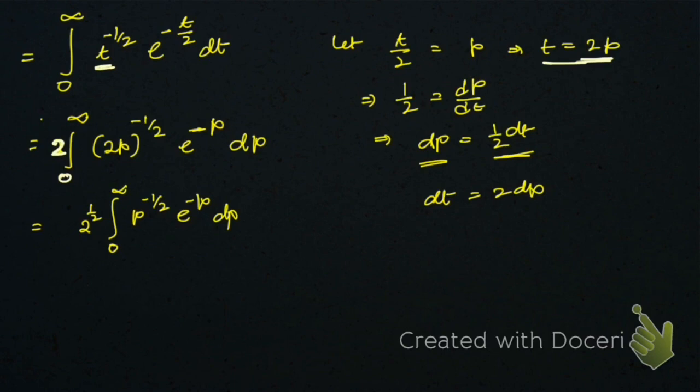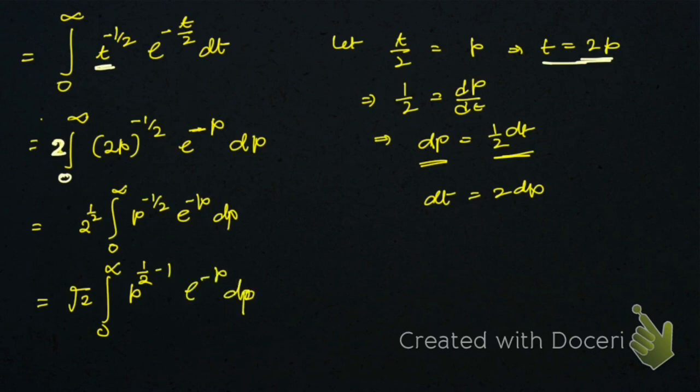So 2 to the power half means this is root 2, not gamma 2, this is root 2, 0 to infinity. So p to the power minus half can be written as half minus 1, right? Then e to the power minus p dp.